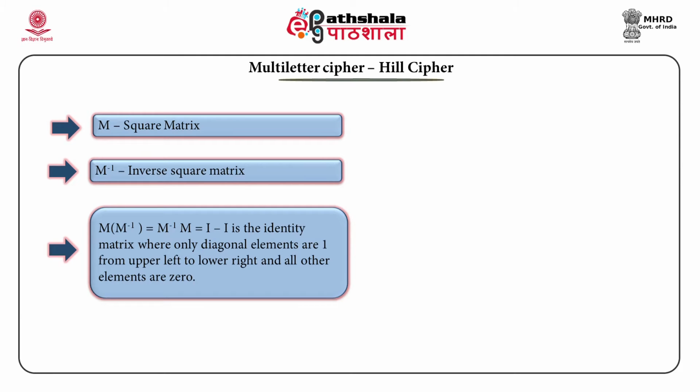So M multiplied by M inverse, that is a key point in our algorithm. It would give you the identity matrix where only diagonal elements are 1 from upper left to lower right, and all other elements are 0, as I already explained.